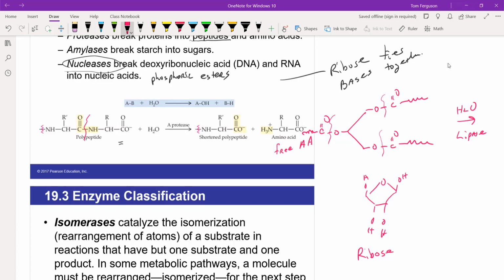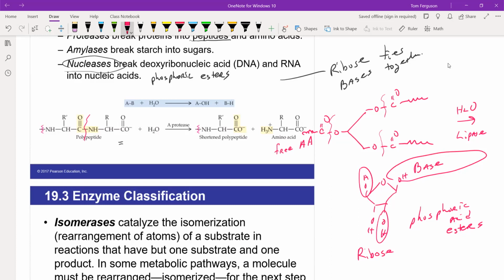And when that would team up in this position, esters tie the strings along. And over here, you're going to have the base. So those are the three classes. A nuclease would break this ribose backbone up into individual base units.